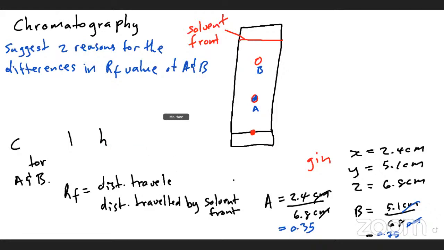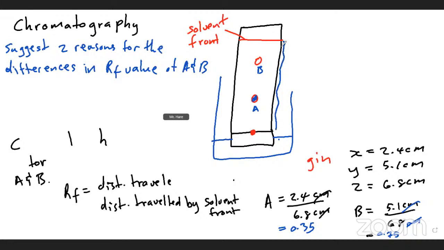All right, so remember now, this is a filter paper, or it could have been thin layer. This would have been in a container with your solvent, which must always be below the line of the origin. Now this solvent is going to travel up the filter paper.